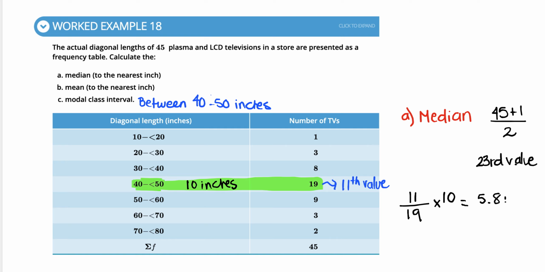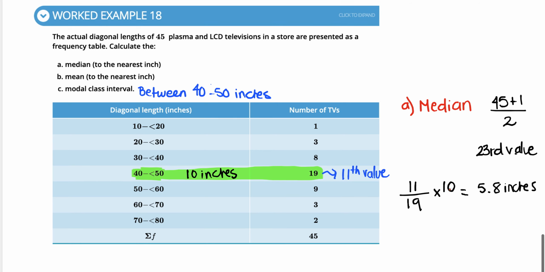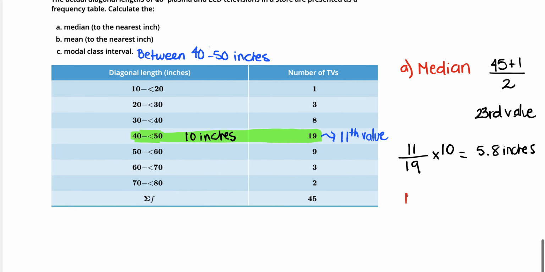But hold on, that makes no sense. How come 5 inches when I'm in a range of 40 to 50? So what I do is add this to the lowest value: 40 plus 5.8. After all these calculations, my median is 45.8 inches.